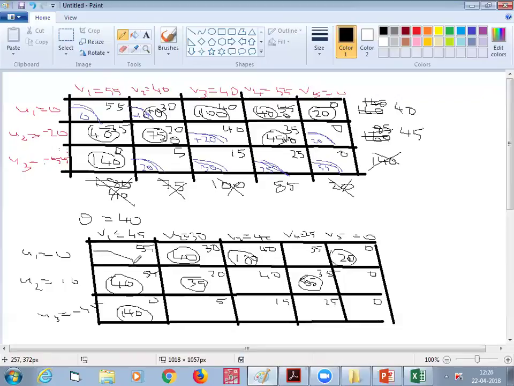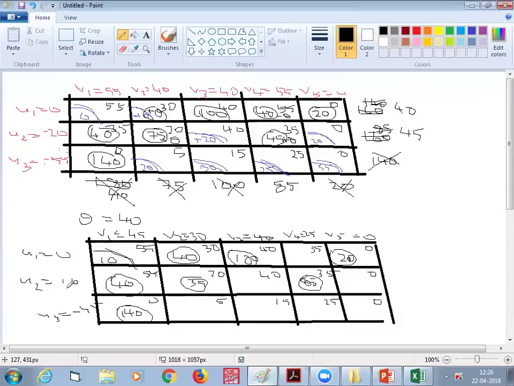Now let's calculate these. 55 minus 0 minus 45 is 10. So, the first row we did U1 equals 0, from which we got V2 equals 30 and V3 equals 40.